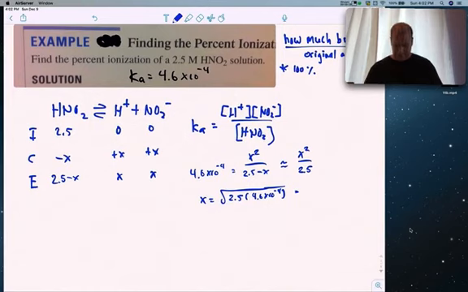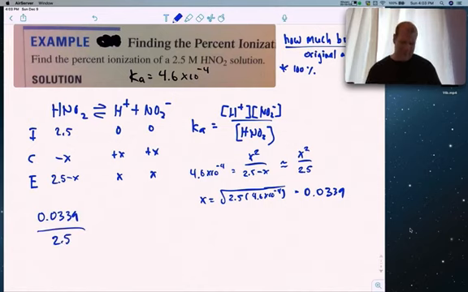So 2.5 times 4.6 e minus 4, square root of that, and we get 0.0339. So that is how much breaks apart. So we have 0.0339 divided by 2.5, right?